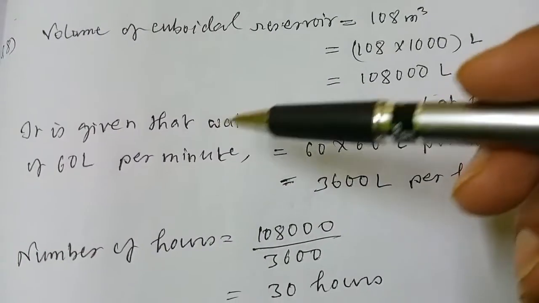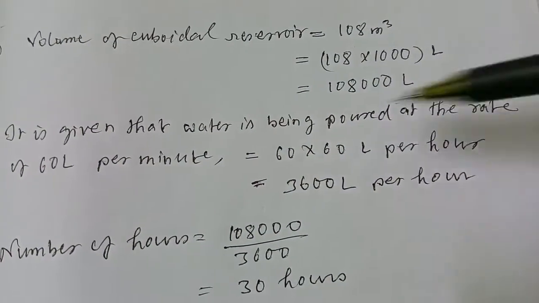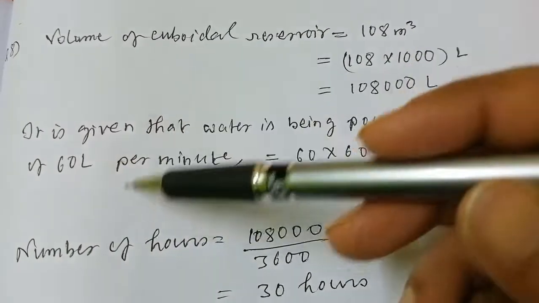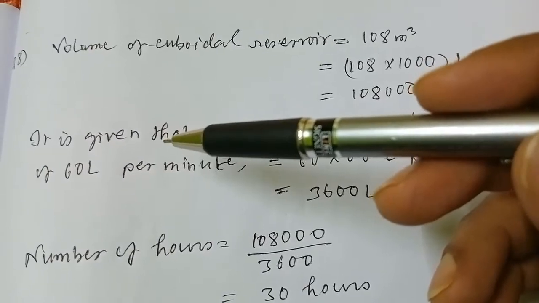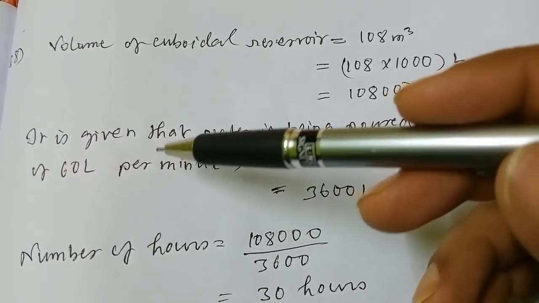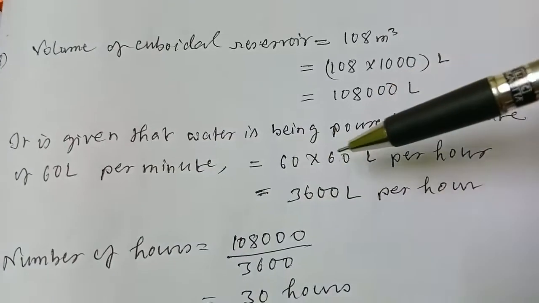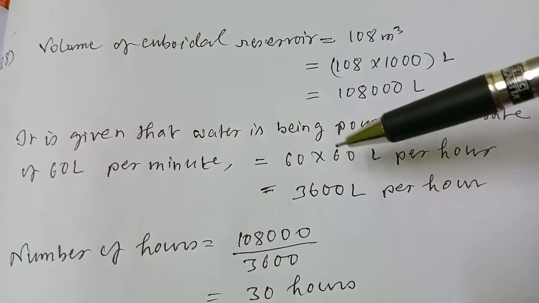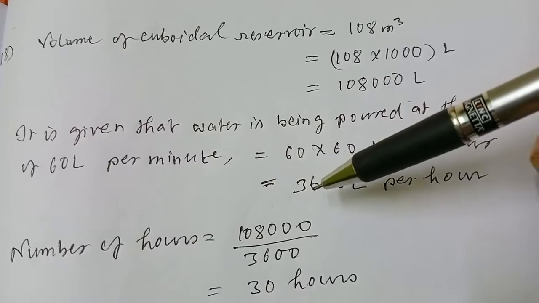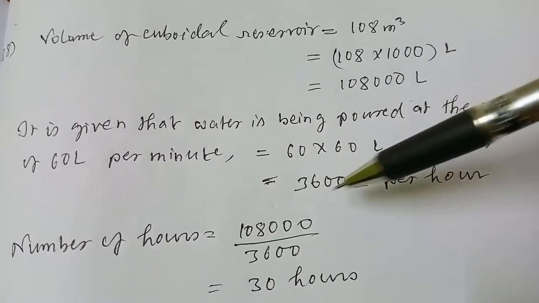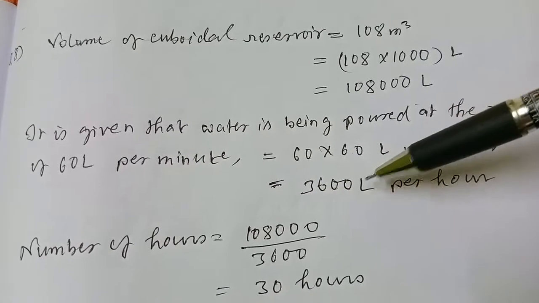Now it is given that water is being poured at the rate of 60 liter per minute. That means in 1 minute 60 liter water is pouring. So you have to convert this minute in hours. So to convert minute in hours, you have to multiply by 60. Okay, so 60 into 60, so it is 3600 liter per hour. So in 1 hour it is pouring 3600 liters.